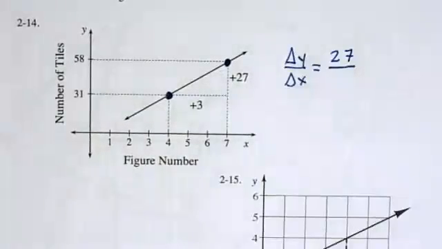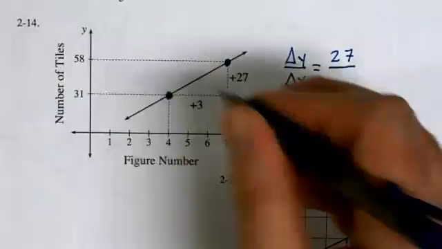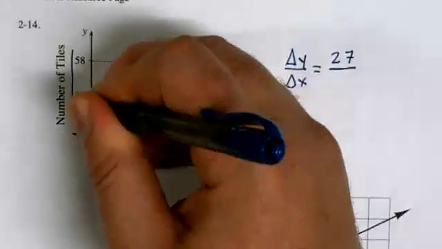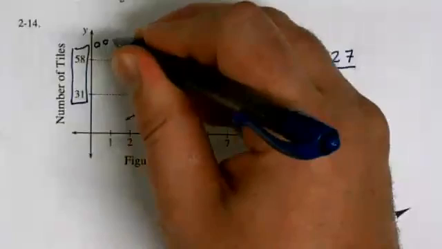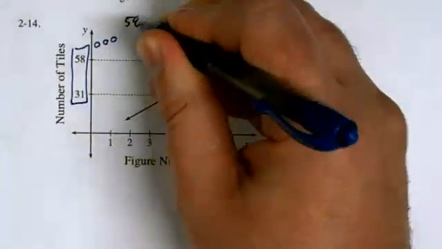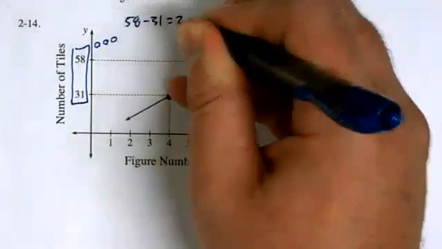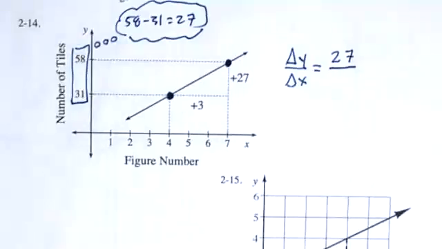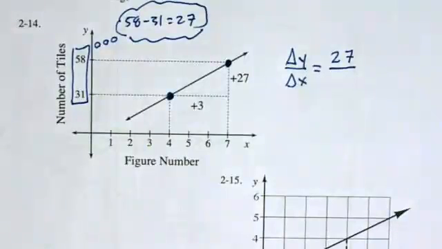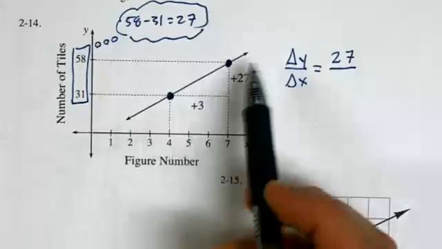They told us that here, but I bet we could have figured it out by looking at this. We could have thought to ourselves, what is 58 minus 31? We got 27, correct? Because those are our two y coordinates. That's how much we're changing to go from here to here.